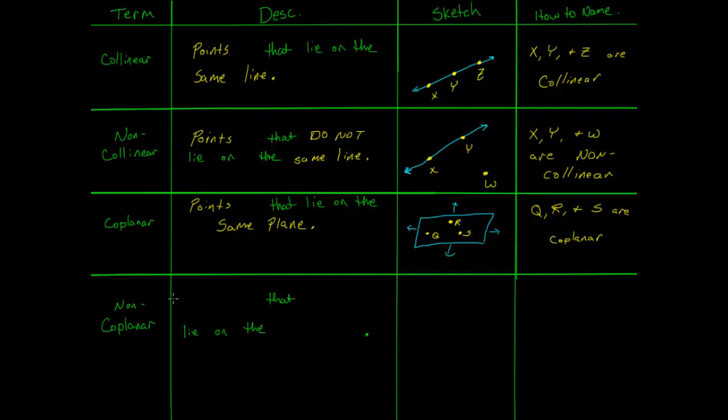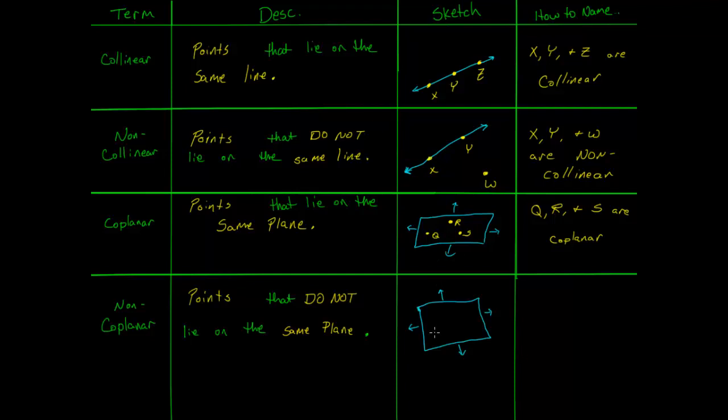And lastly, let's quickly define non-coplanar. Non-coplanar are points that do not lie on the same plane. Points that do not lie on the same plane. So to quickly come over here and draw a sketch. There's the sketch, and come over here and grab some points to put on that.